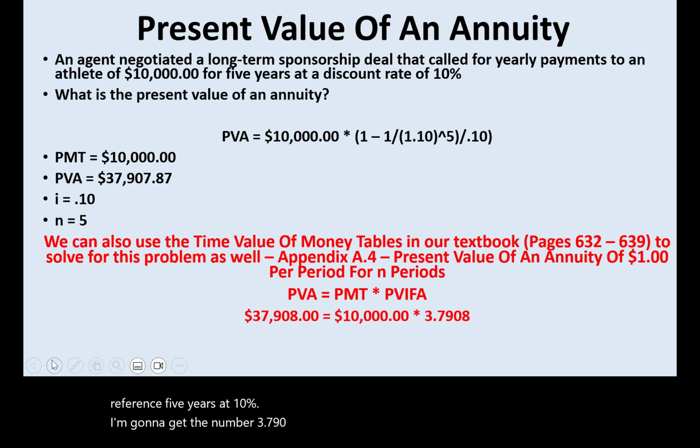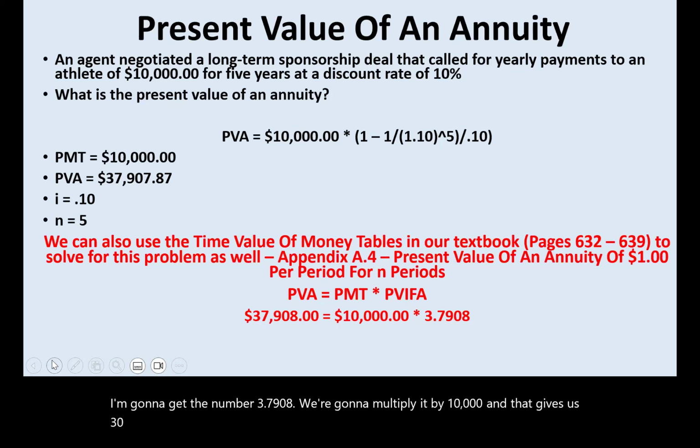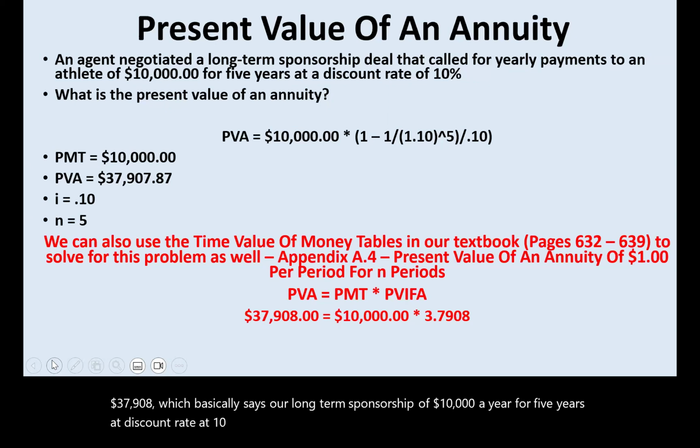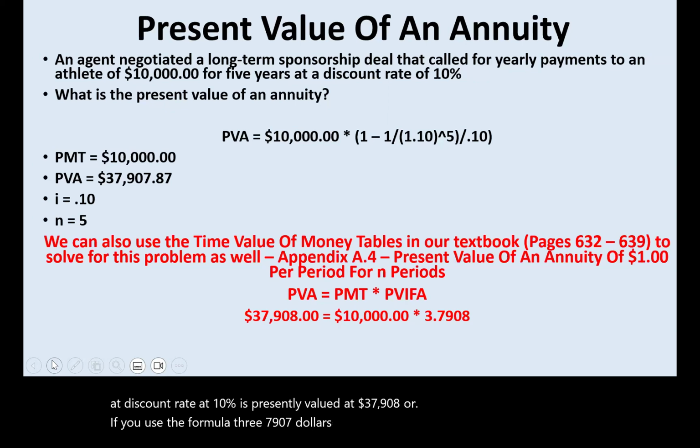We multiply it by 10,000, and that gives us $37,908, which basically says our long-term sponsorship of $10,000 a year for 5 years at a discount rate of 10% is presently valued at $37,908. Or if you use the formula, $37,907.87.